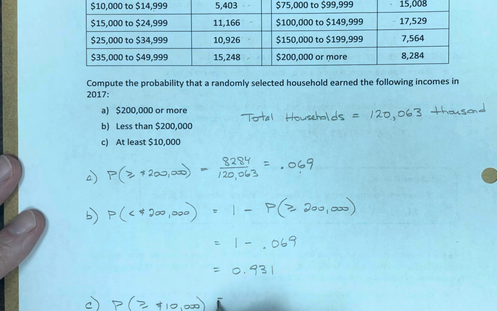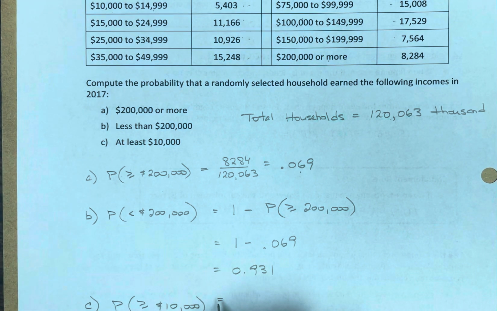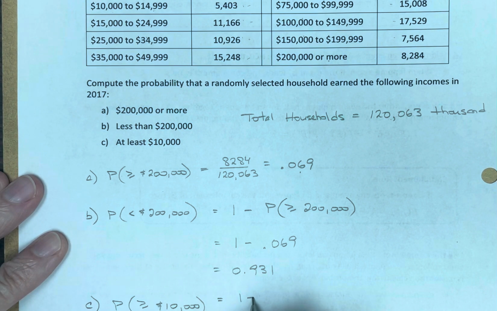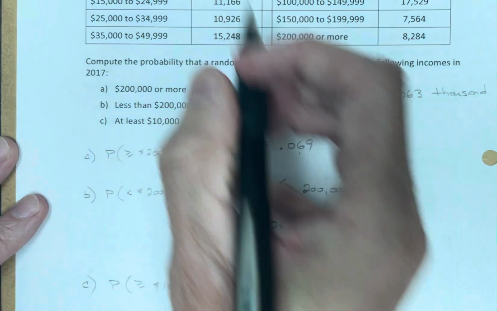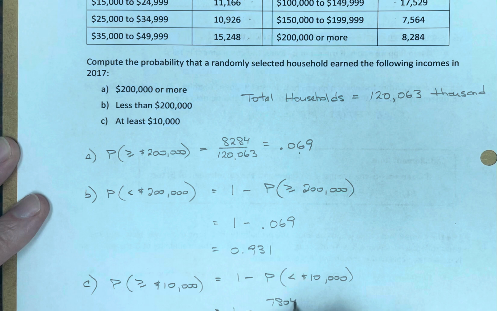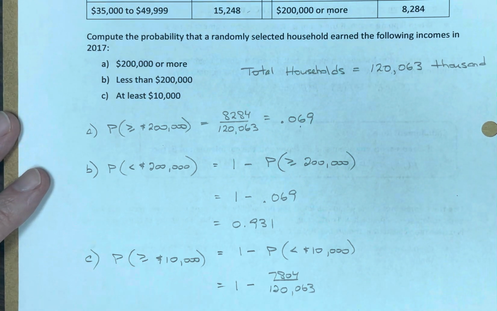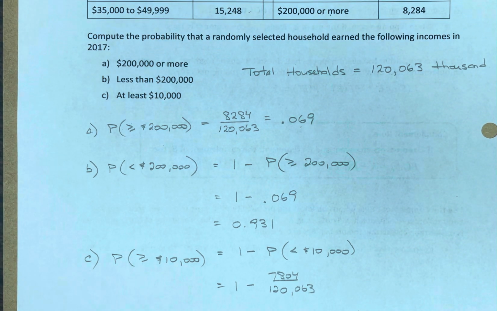So let's use the complement rule and say this is simply 1 minus the probability that it is less than $10,000. So this is 1 minus 7804 divided by 120,063. That goes into a calculator, 0.935. So sometimes it's just easier to use the complement to do the math, and you want to keep an eye out for at least, less than, greater than, etc. to do that.